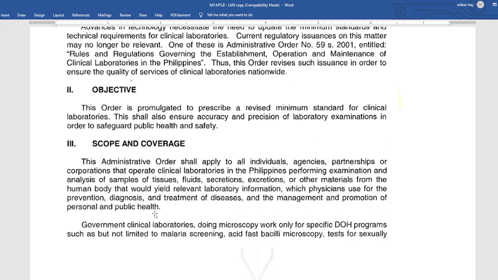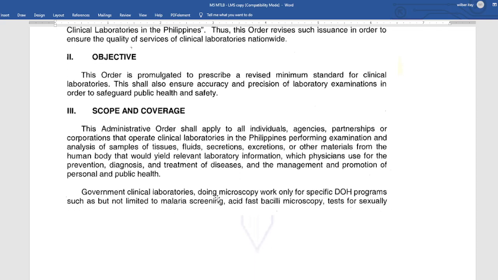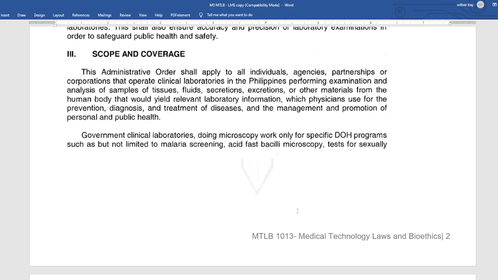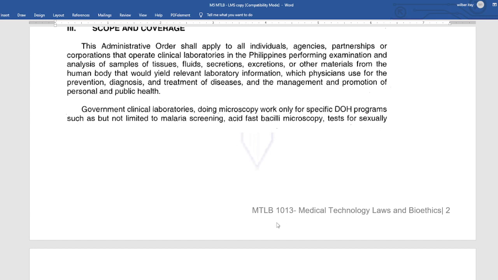Sino yung mga exempted sa coverage ng law na to? Exempted dito yung mga government clinical laboratories wherein they only do microscopy work for specific DOH programs but not limited to malaria screening, AFB microscopy, test for STI, and cervical cancer screening using pap smear.